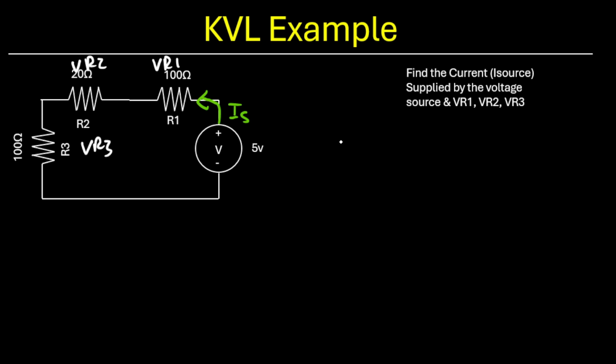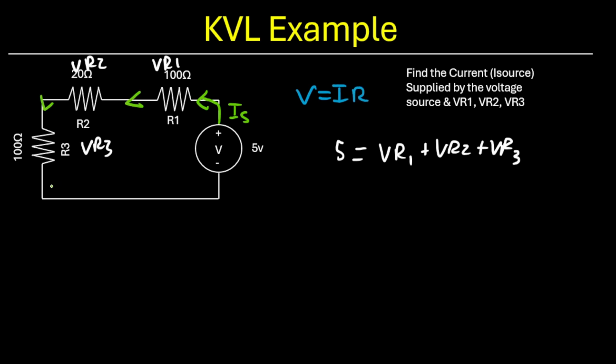So we know from KVL in our previous discussion, 5 equals VR1 plus VR2 plus VR3. Now, we know from Ohm's law, V equals IR, right? And since these resistors are in series, they're all going to share the same current, which is IS. So we can plug in IS times R1 for VR1.